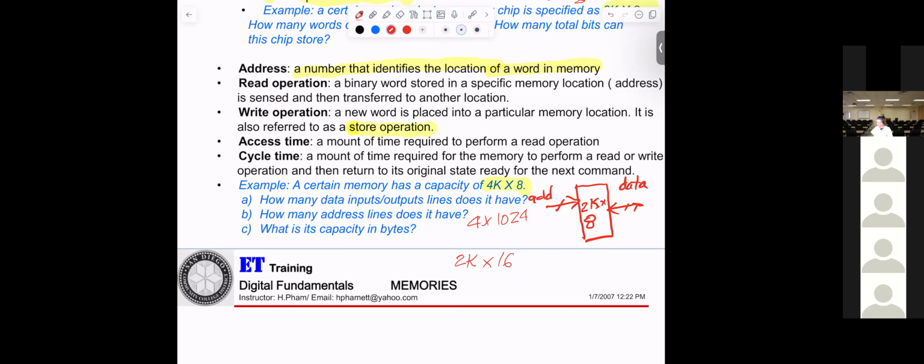Okay, so if the memory is 2K by 16, how many data lines?